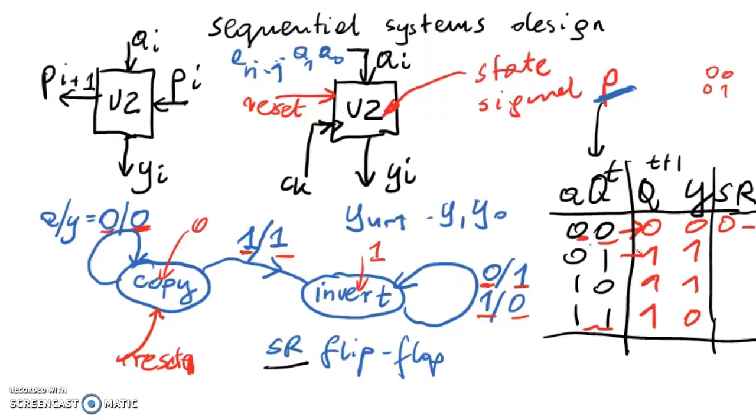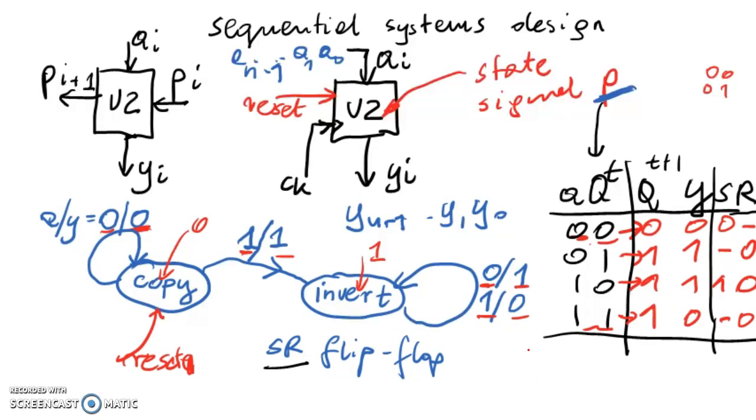And 1, 1, you've got also 2 possibilities: don't change anything or set. So don't care 0. 0, 1, only 1 possibility to setting the flip-flop. 1, 0, set. And the same as in the second row, don't care 0.